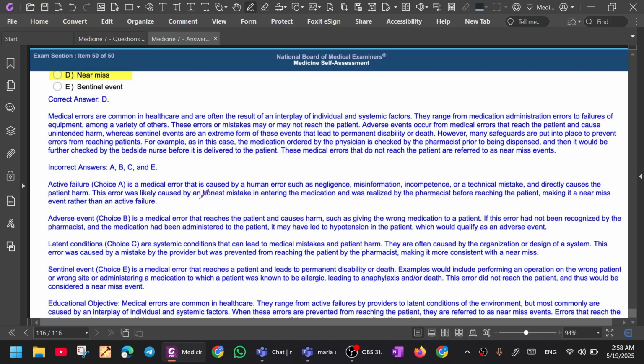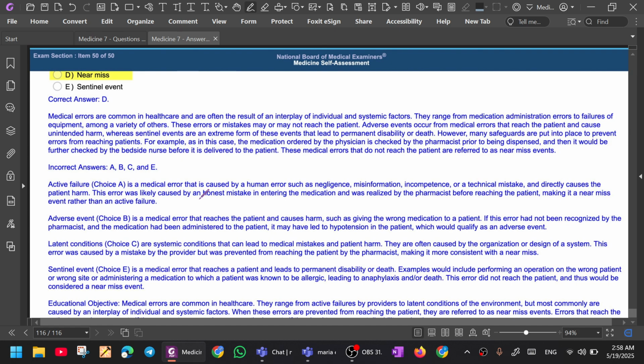For example, as in this case, the medication ordered by the physician is checked by the pharmacist prior to being dispensed, and then it would be further checked by the bedside nurse before it is delivered to the patient. These medical errors that do not reach the patient are referred to as near miss events.